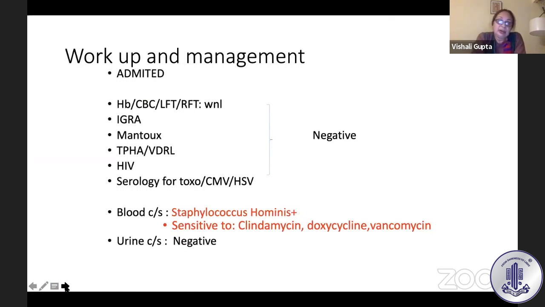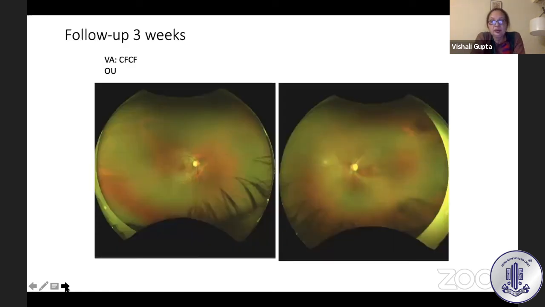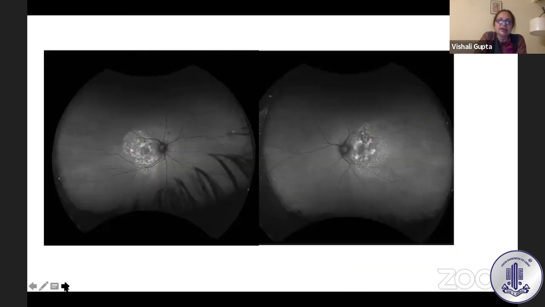And during the workup, his blood culture showed Staph hominis. Now that comes as a problem, because was it endophthalmitis? Anyways, we treated him for endophthalmitis because we couldn't do anything for COVID. During 3 weeks, the lesion starts responding, but in the left eye, there is a lesion. Again, we pushed in more antibiotics, and after a few weeks, this is what we end up with.